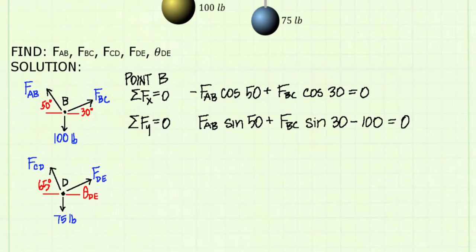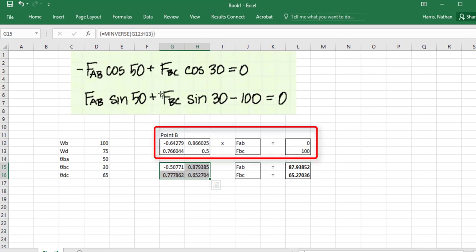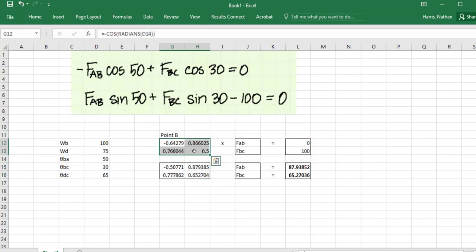The method I used to solve this was Microsoft Excel. I took my two equations and broke them up into a matrix and two vectors. First, I formed this coefficient matrix, which has the cosine of 50 and the cosine of 30 in the first row, then the sine of 50 and the sine of 30 in the second row, multiplied by my unknown forces FAB and FBC to give me 0, or, moving negative 100 to the other side, a positive 100.